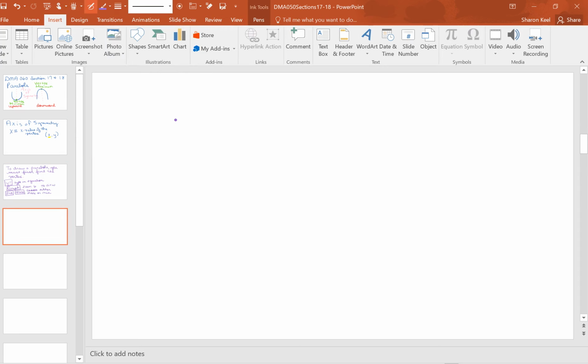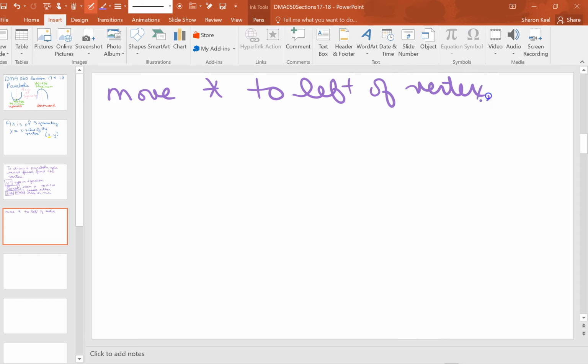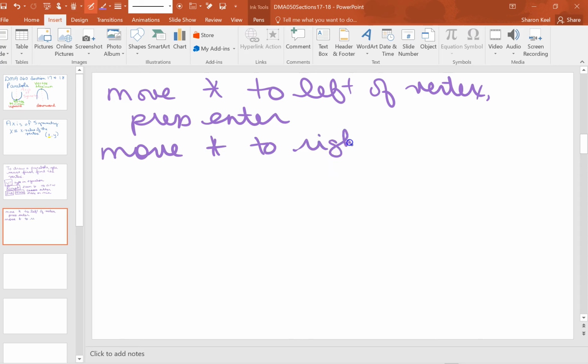Once you've chosen maximum or minimum, you are going to move the cursor to the left of the vertex. You're going to press enter. You're going to move it to the right of the vertex.